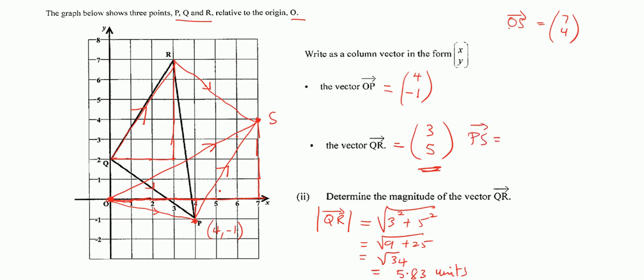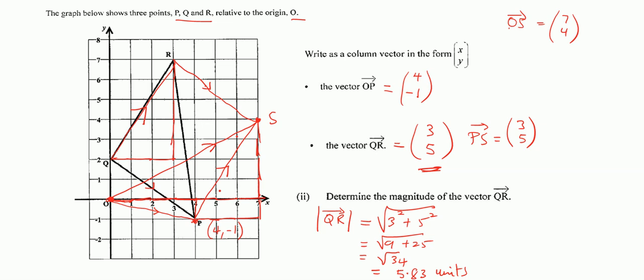Now we can get the vectors just by looking at the diagram. To get PS, we are going 1, 2, 3 across, and 1, 2, 3, 4, 5 up. So we get that the vector PS is 3, 5. Right? Just by looking at QR and PS, they are the same vector, which means that they are parallel.